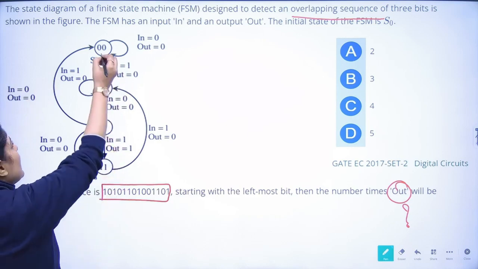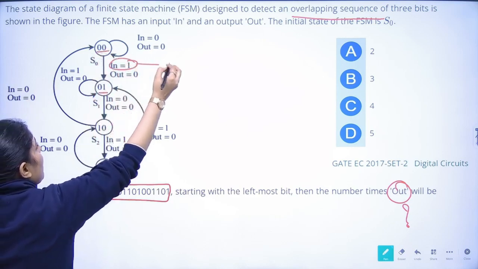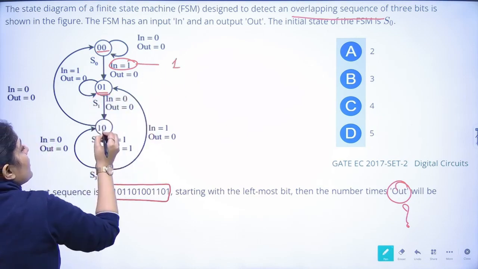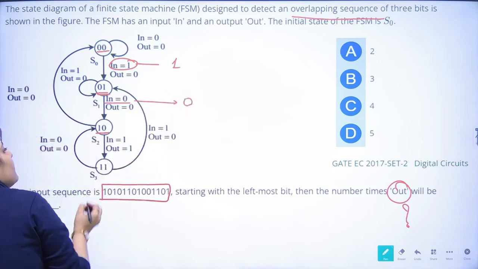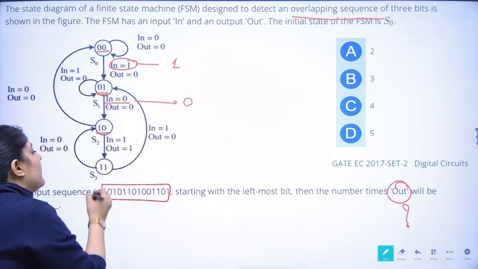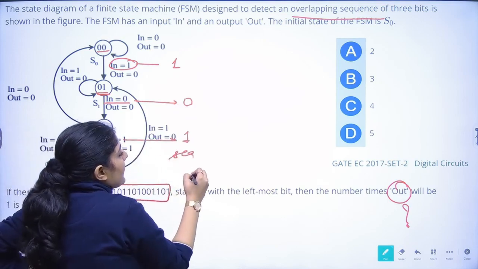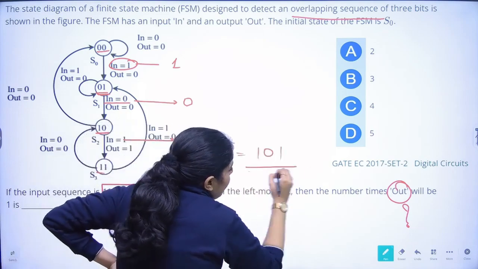We can easily see from 00 to 01 it shifts to the next state when the value is 1. From 01 to 10, it shifts when the value is 0. And from 10 to 11, it shifts when the value is 1. So the sequence detected is 1, 0 and 1.